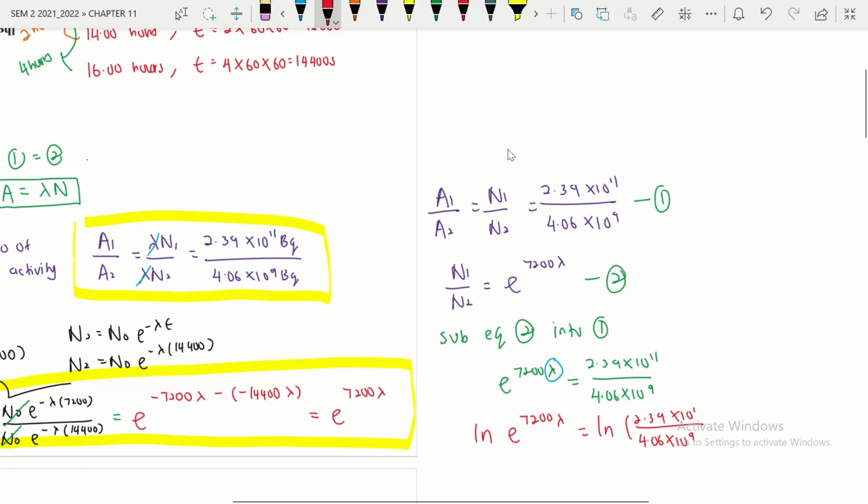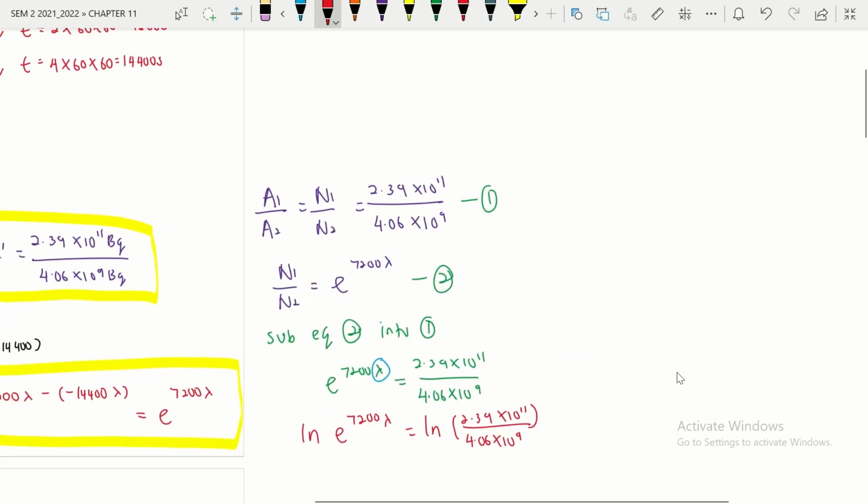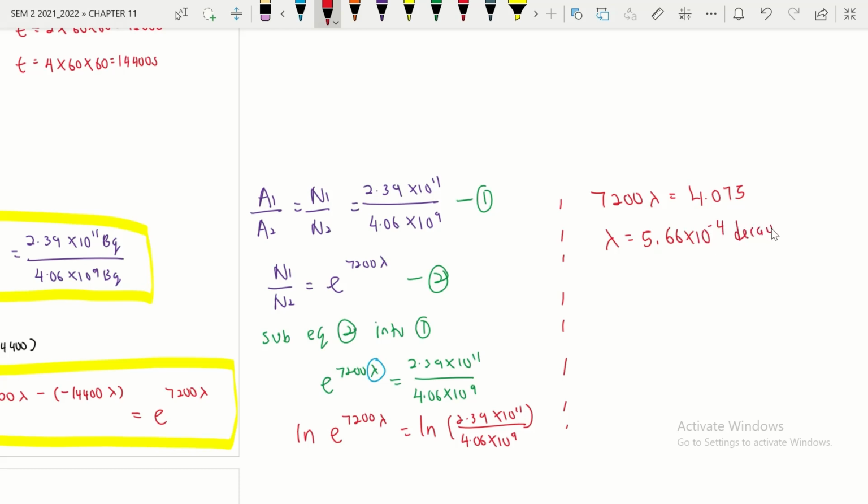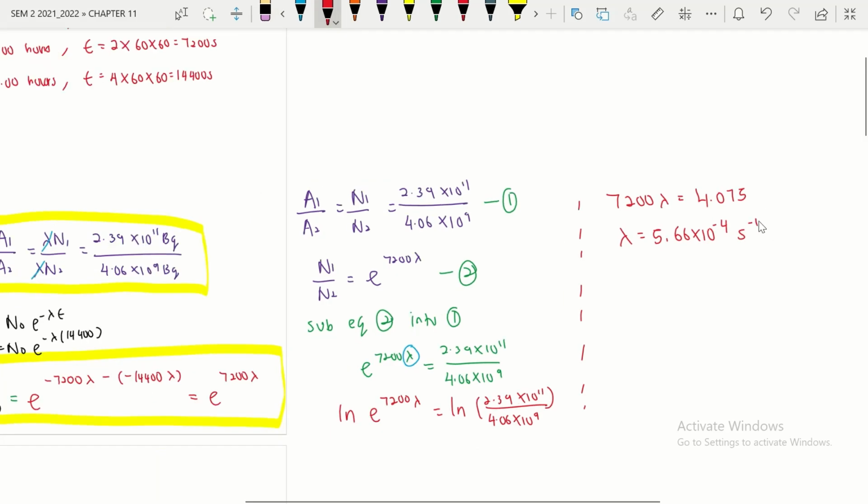When you take ln of both sides, you will get 7,200 lambda equals 4.075. So your decay constant is actually 5.66 times 10 to the power of negative 4 decay per second, per second only.